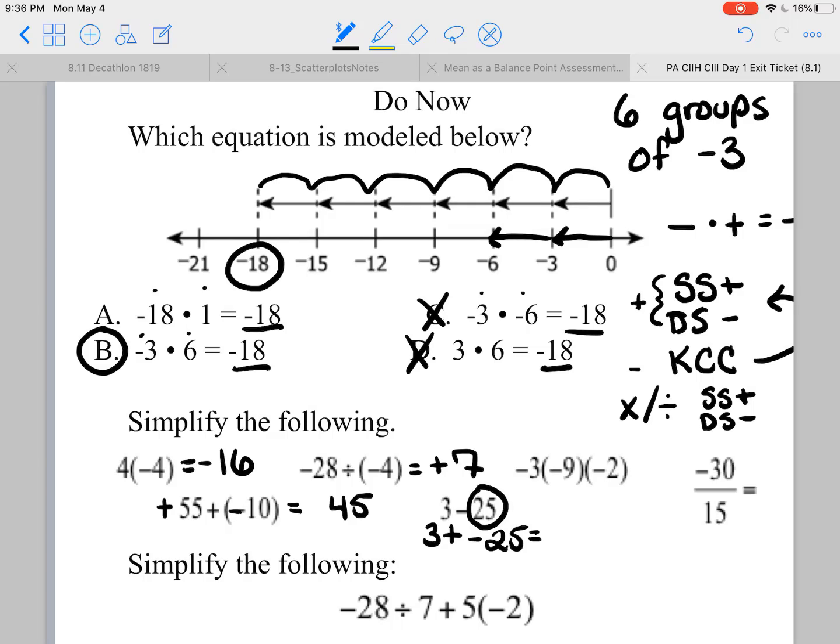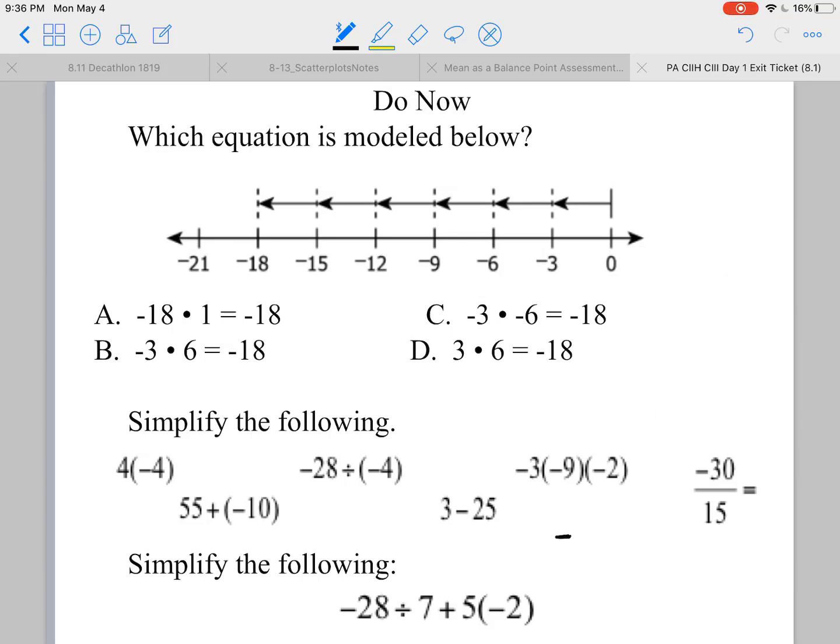Positive 3 and negative 25 are different signs, so I subtract. 25 minus 3 is 22. Team negative has more points than team positive, so it is a negative answer. Negative 30 divided by 15. Well, 30 divided by 15 is 2. They are different signs, so that is a negative answer.